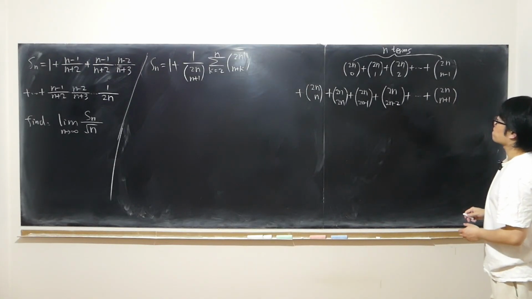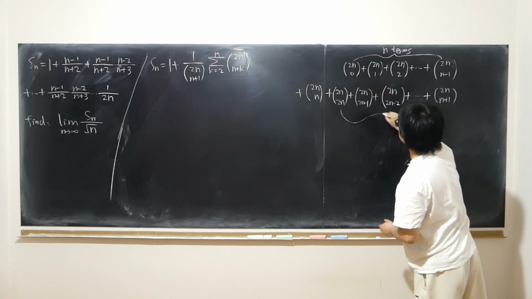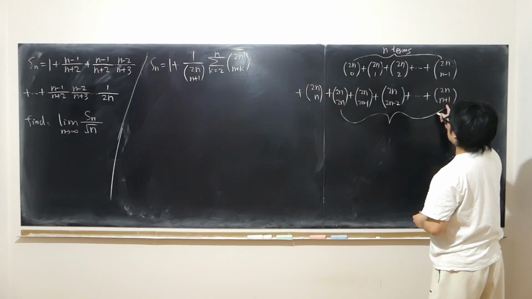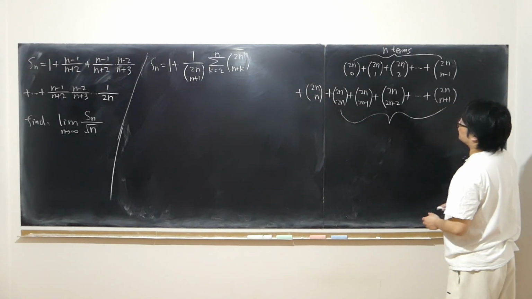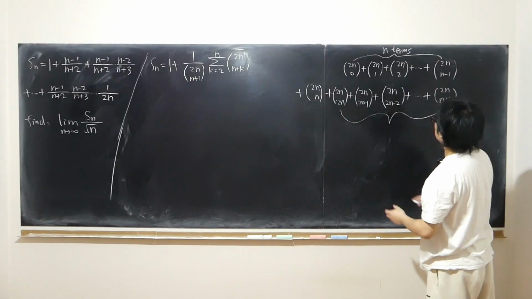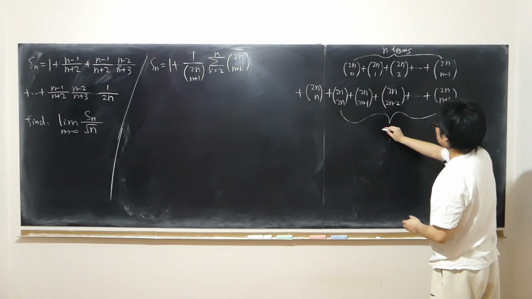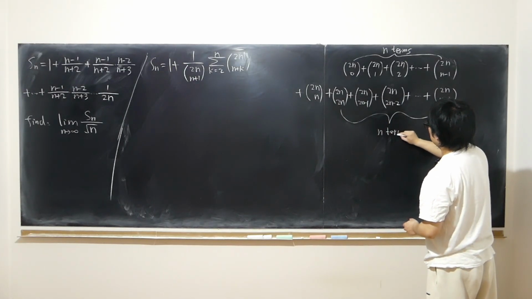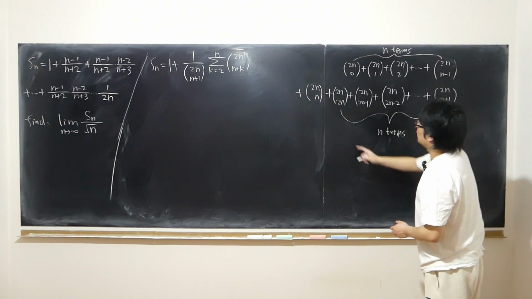How many terms here? 2n minus n plus 1 is n terms. This is one term.